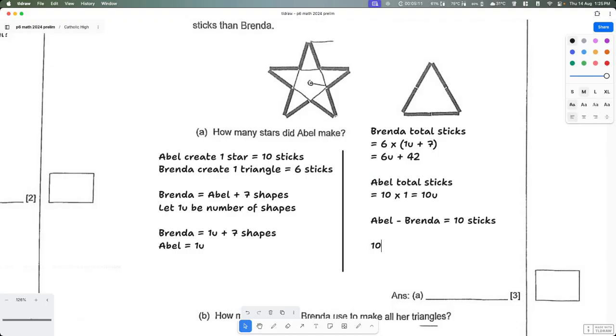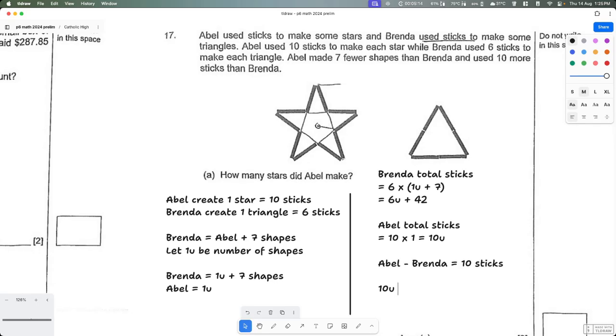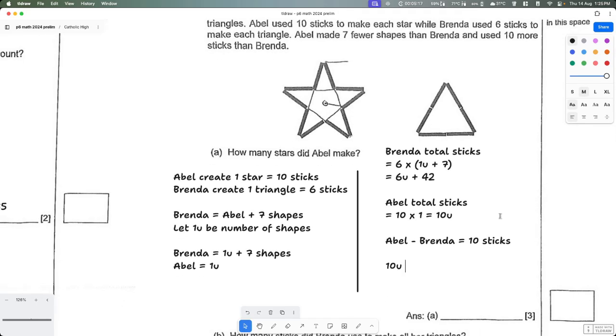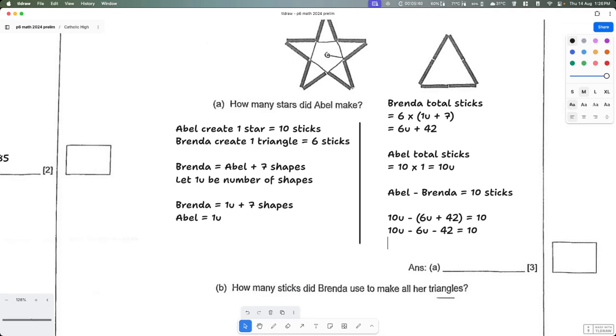Abel is 10 units, minus Brenda, which is 6 units plus 42 in brackets, equal to 10 sticks. So 10 units minus 6 units minus 42 is equal to 10. That means 4 units is equal to 10 plus 42, which is 52. So 1 unit is 52 divided by 4.